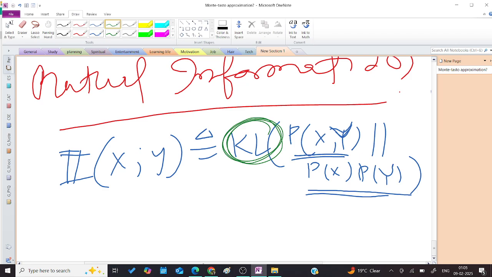Whether these two are independent or dependent, we can show this by using the KL formula. If both of them are similar, then this will give us 0 and the mutual information will be 0.